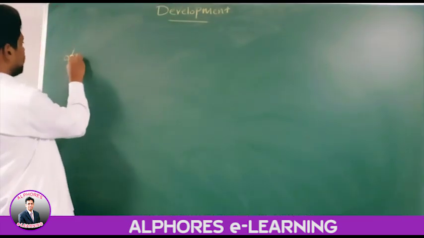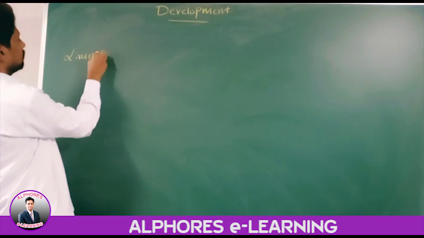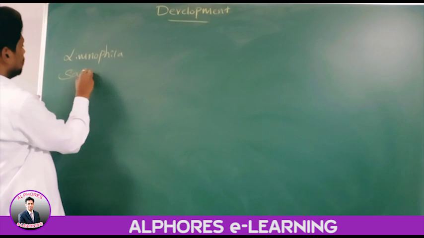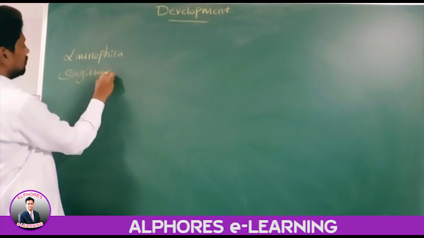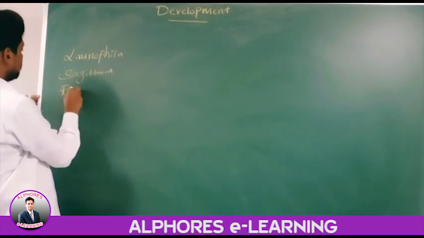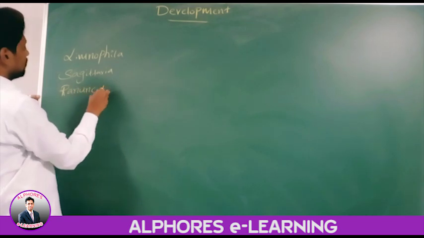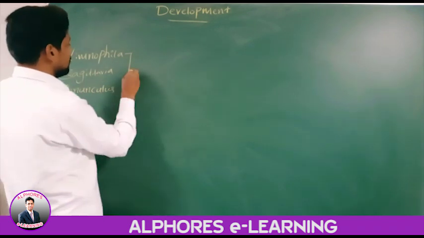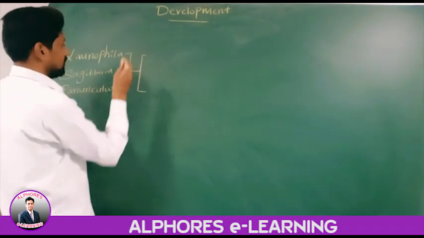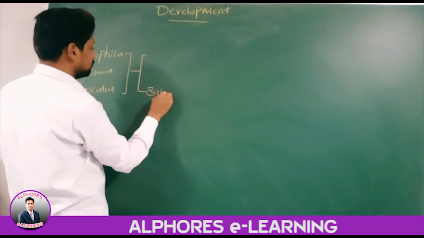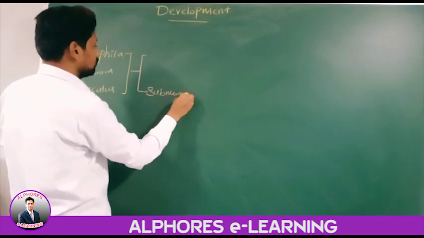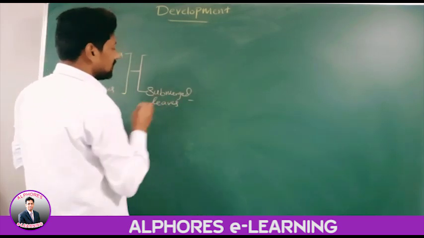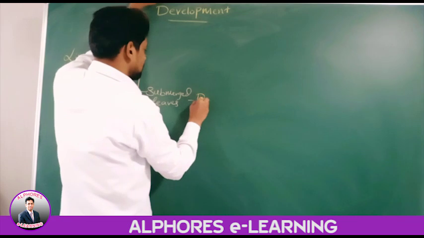Three examples we discussed. Number 1, Limnophila. Number 2, Sagittaria, and third one is Ranunculus. Sir, in case of these 3 plants, aerial leaves are present, submerged leaves are present. How are the submerged leaves, sir? Submerged leaves are dissected. Dissected means cut.